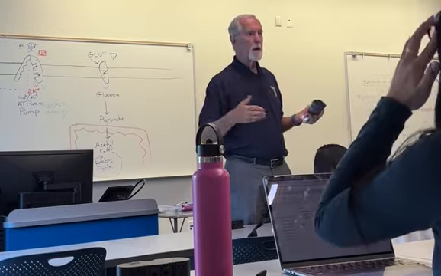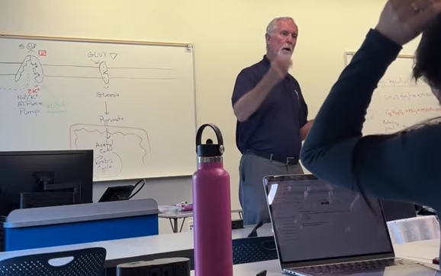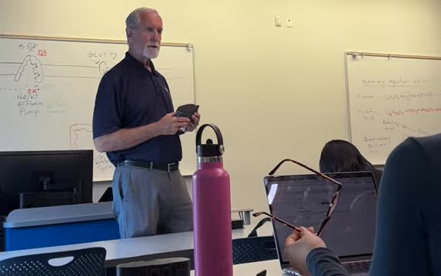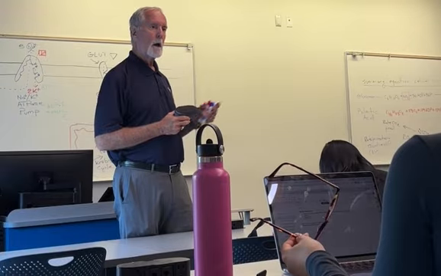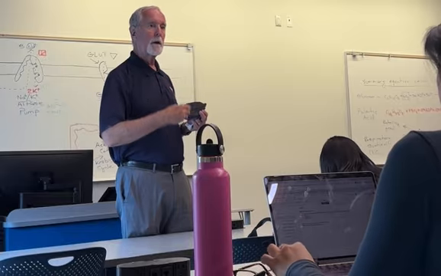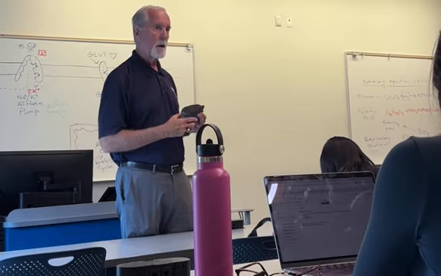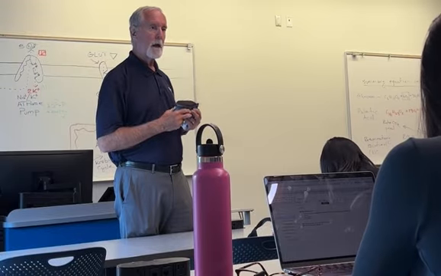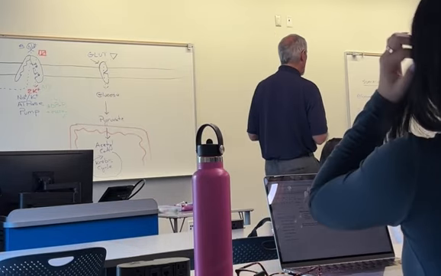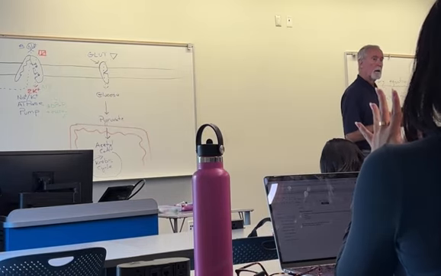That could be a second, it could be a minute, whatever time units you want to use. But typically in physiology, we would be talking about liters of CO2 produced per minute or liters of oxygen consumed per minute. Did that help? Yeah, thank you.